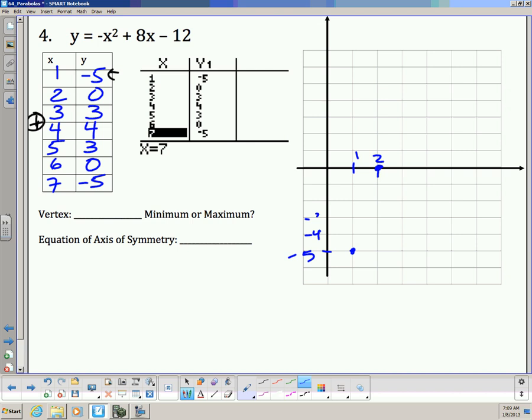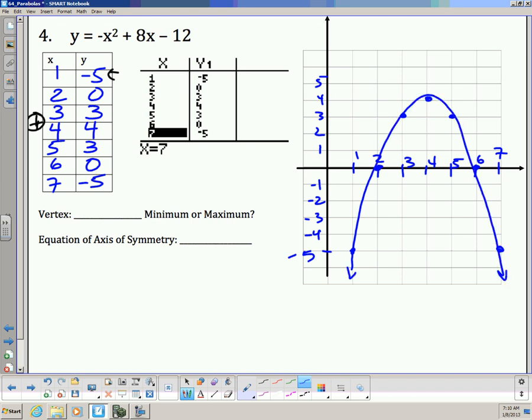Negative 4, negative 3, negative 2, negative 1, 1, 2, 3, 4, 5. 3, 3. 4, 4. 5, 3. 6, 0. And 7, negative 5. And there is my parabola. Or if you graph it.